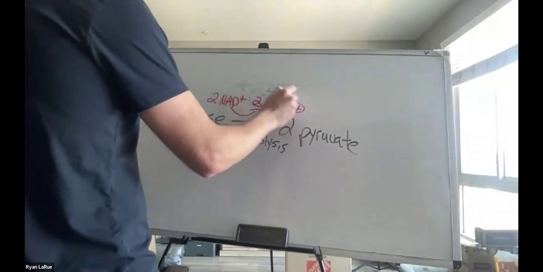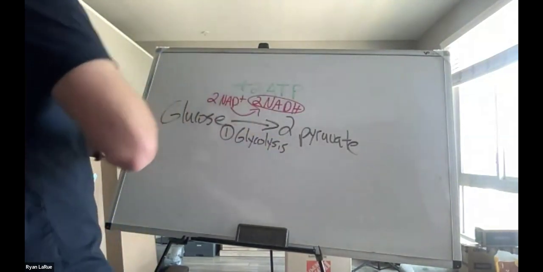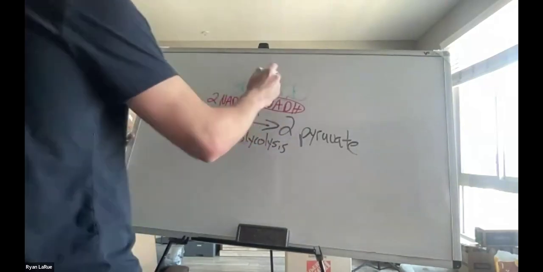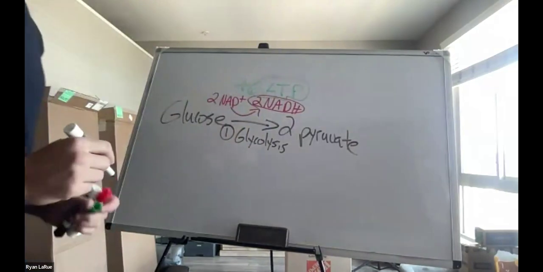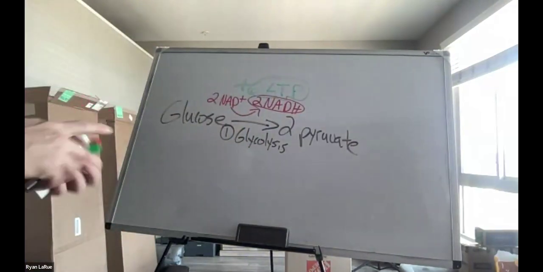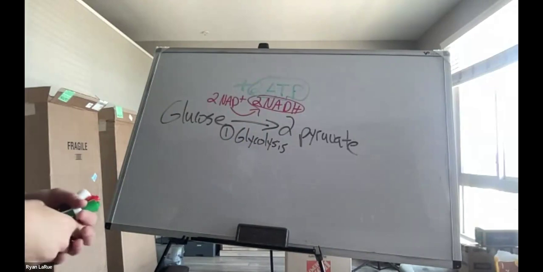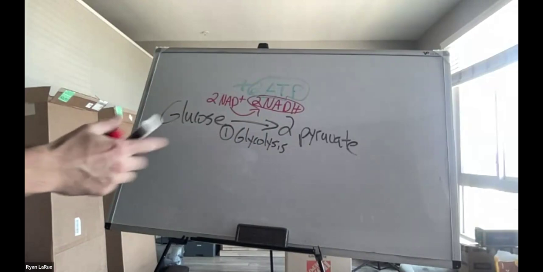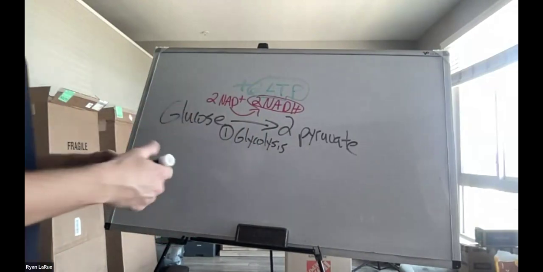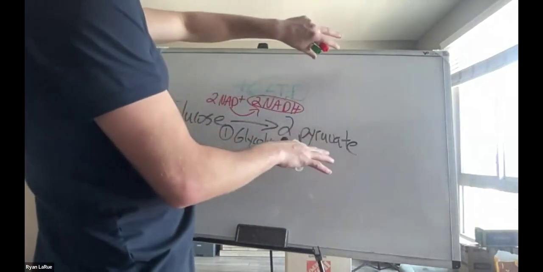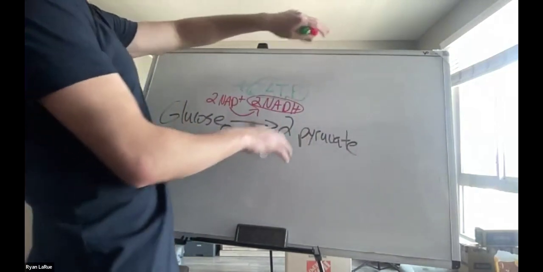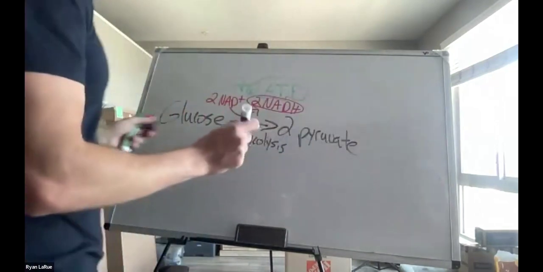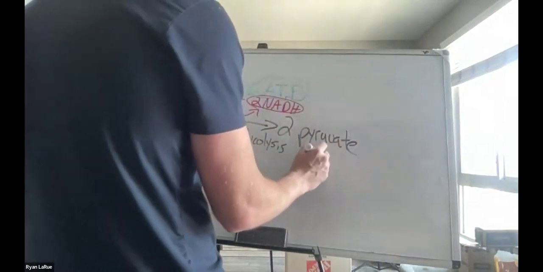So 2 NADHs, 2 pyruvate, 2 ATP. Okay. Then, as we learned, the pyruvate can be directed to the aerobic or the anaerobic pathway. Right now, I want to focus on the anaerobic pathway.